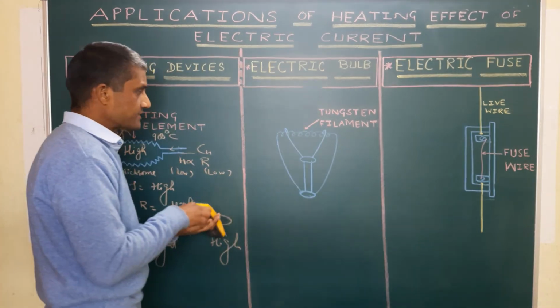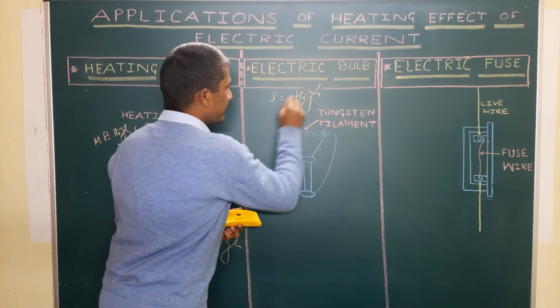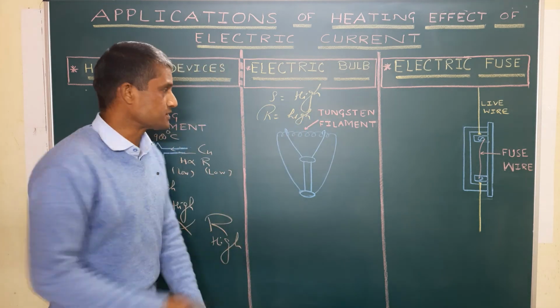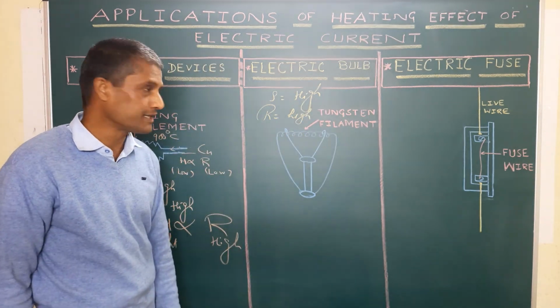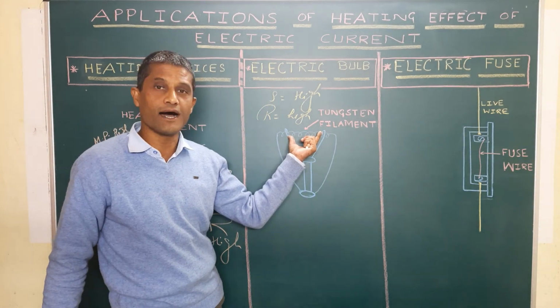It means that resistivity is high. It shows that its resistance is also going to be high. That's the first point we are going to understand here, that the resistance of this tungsten is very high.